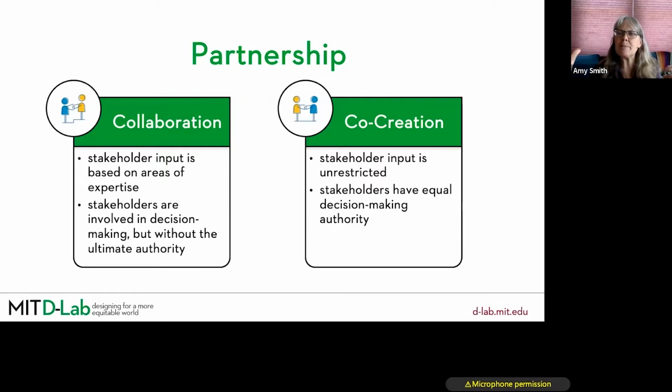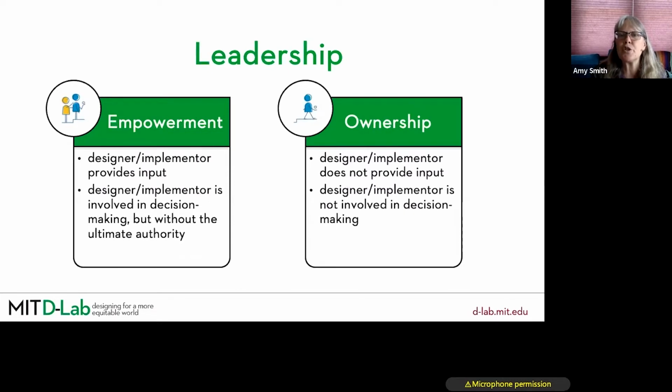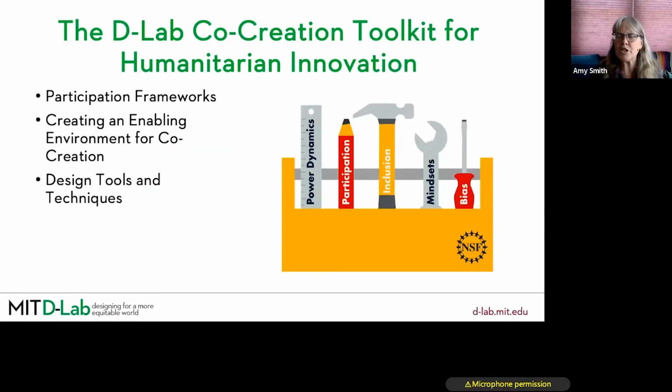Because when you bring people together from such diverse backgrounds, you need to make sure that they can have equal say in the co-creation process. And that's why we actually developed the co-creation toolkit, in order to try to make the process of co-creation more effective and more equitable. So I'll hand over to Martha.